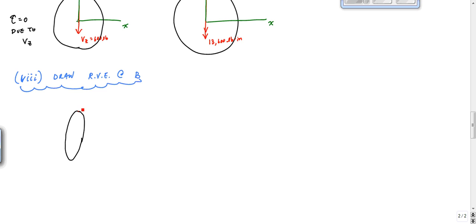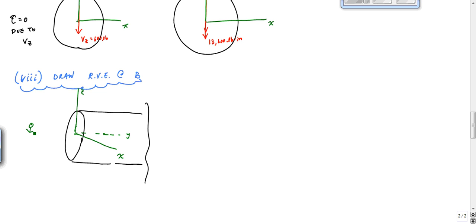Point B is up here. Here is X, Y going down this way, and Z going up here, right there. And here's the rest of my solid that is, it's cut off obviously. And here we are again as the observer, right here.